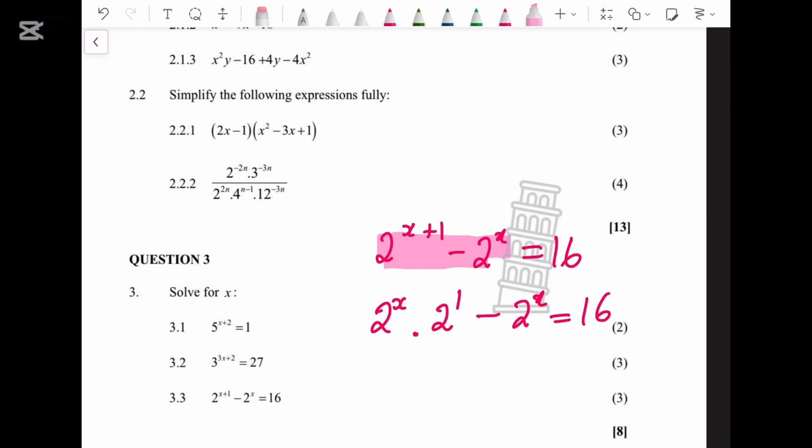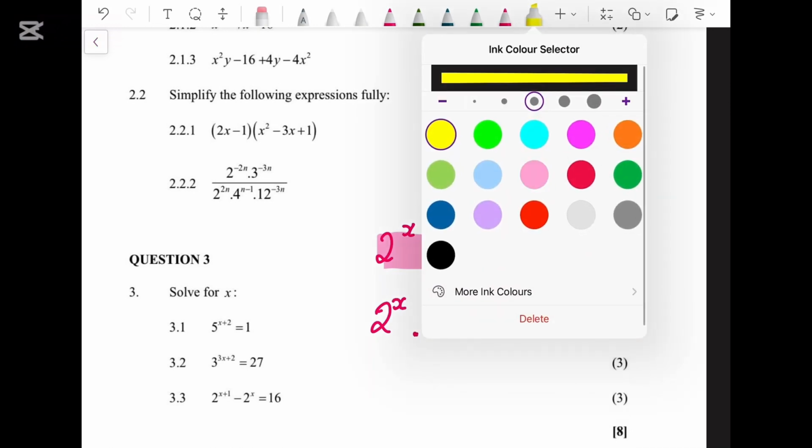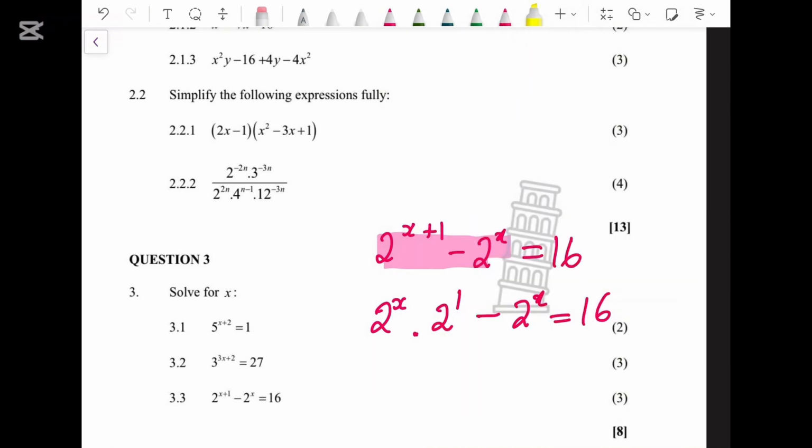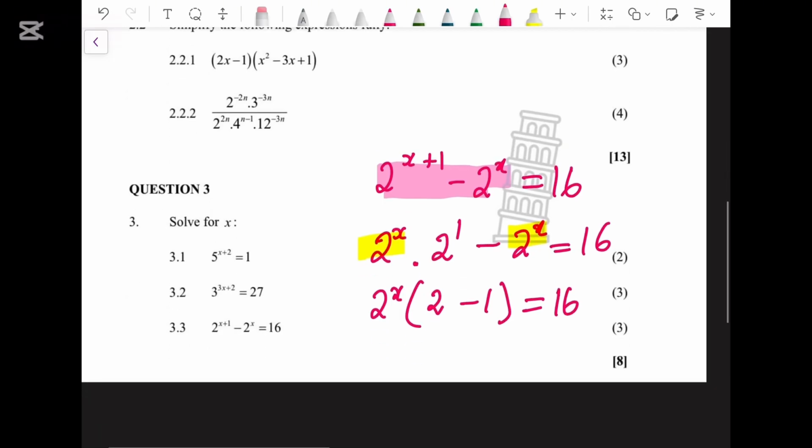So now there is a common factor. If I check my left-hand side, 2 to the exponent x is common. I take 2 to the exponent x as a common factor, and I remain with 2 to the exponent 1 minus 1 is equal to 16.